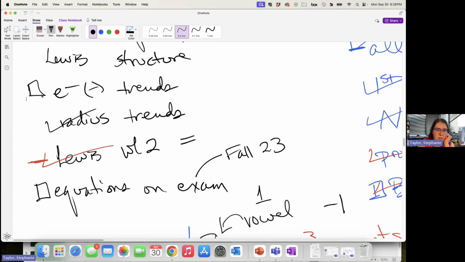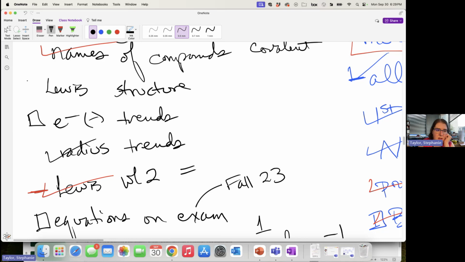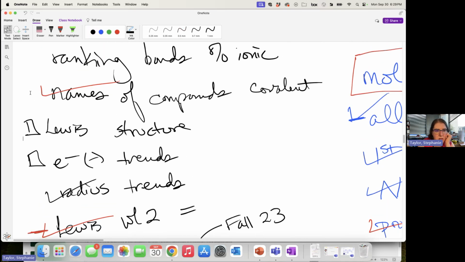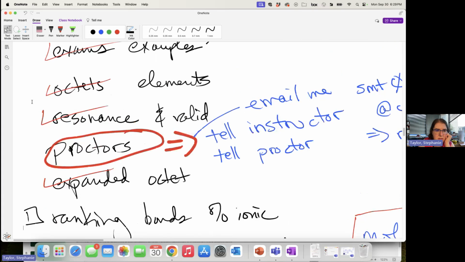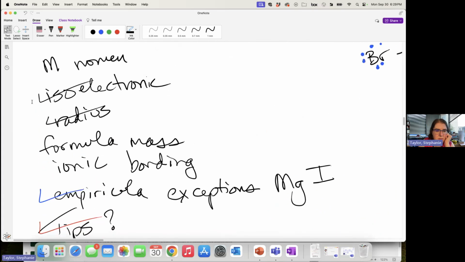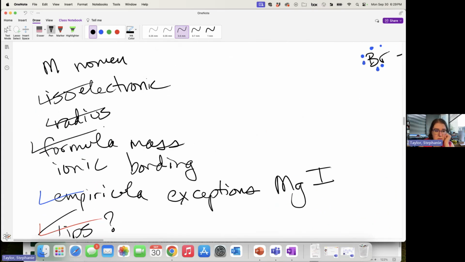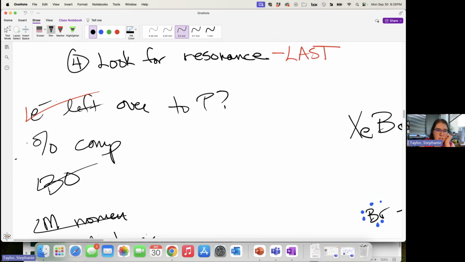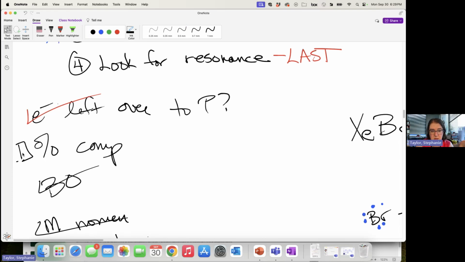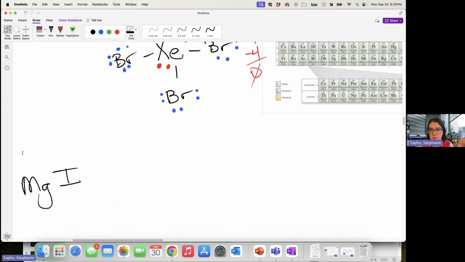We didn't get to electronegativity trends. I'll draw another Lewis structure, ranking by percent ionic character. Formula mass, hey, we did one of those. We could spend a little more time on ionic bonding. We did molecule nomenclature, though. We did not do a percent composition. That's another one of the math ones that we can do.